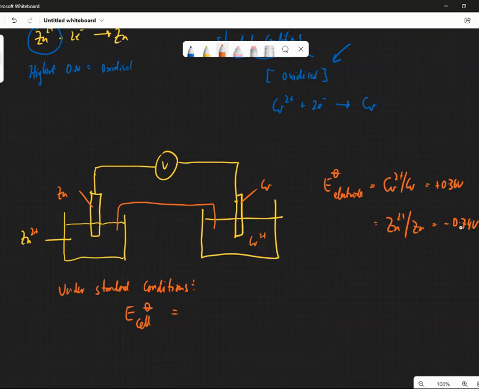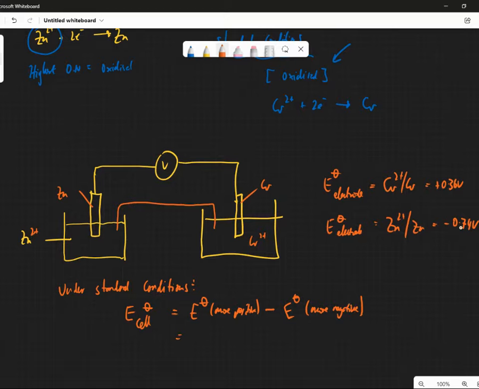Okay. So these are the electrode potentials. So what's the E cell then? Well, E cell is the more positive one. The E standard of the more positive minus E standard of the more negative. So what does that give us?